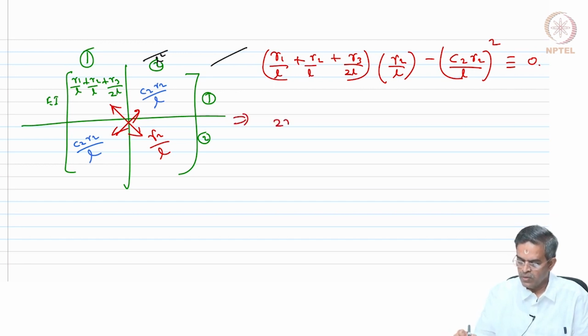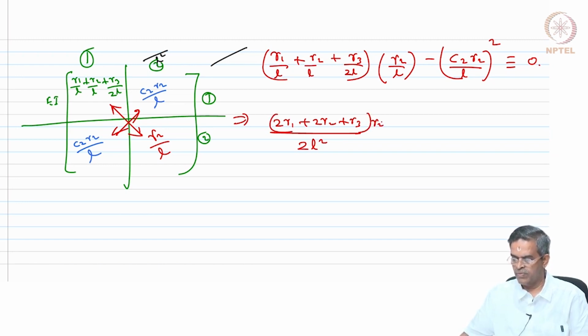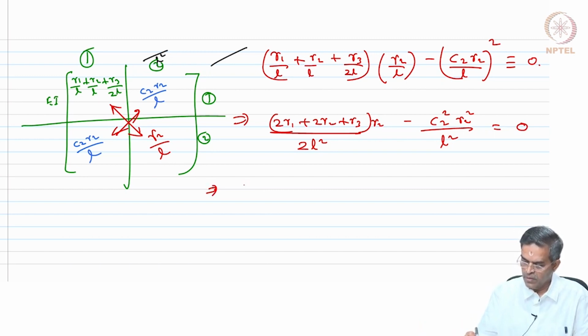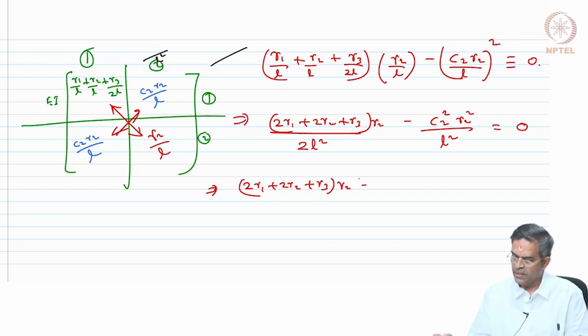Which will be equal to 2R1 plus 2R2 plus R3 by 2L square of R2 minus C2 square R2 square by L square is 0, which will become 2R1 plus 2R2 plus R3 times of R2 minus 2 C2 square R2 square should be 0, am I right?